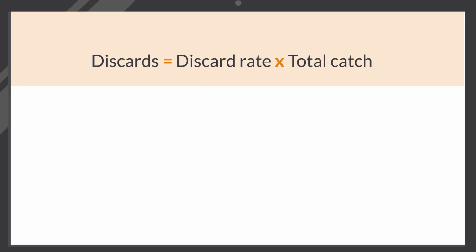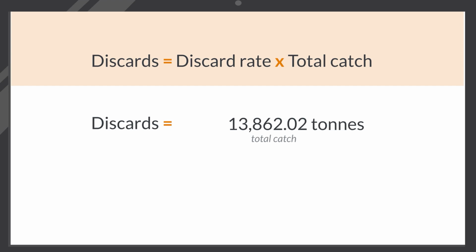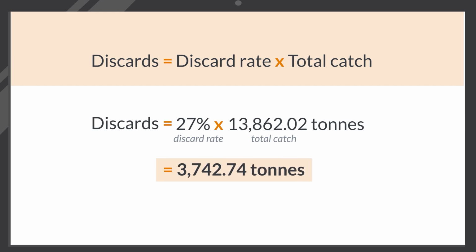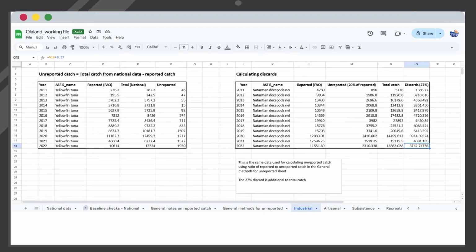Discards, on the other hand, are estimated by multiplying the discard rate by total catch. In this case, then, discards are the product of 13,862.02 tons multiplied by 27%, which equals 3,742.74 tons.